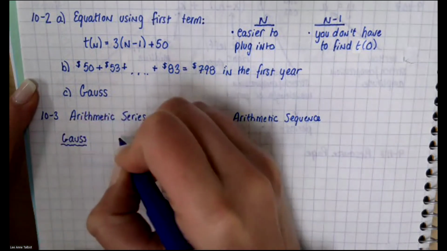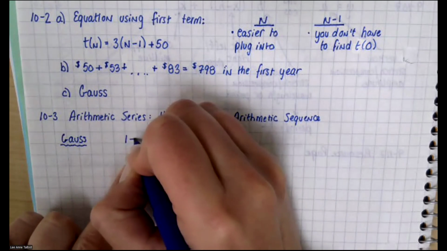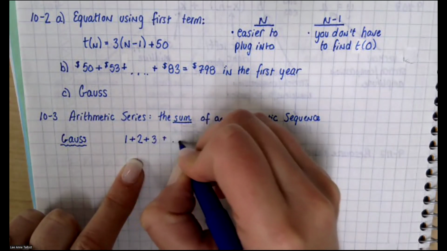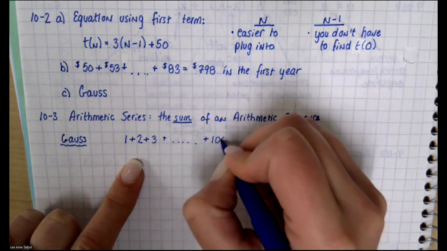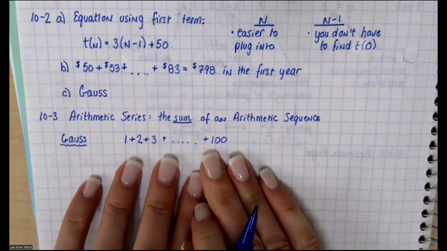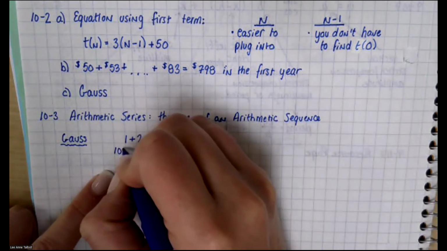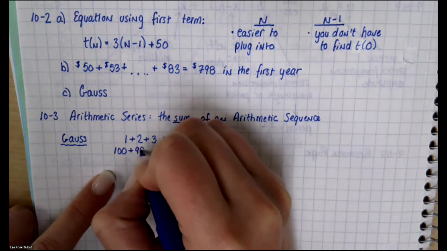Okay, what he did was he wrote this down: 1 plus 2 plus 3 plus dot dot dot plus 100. So that's the problem that he's solving. And then he said, what if I write it backwards?